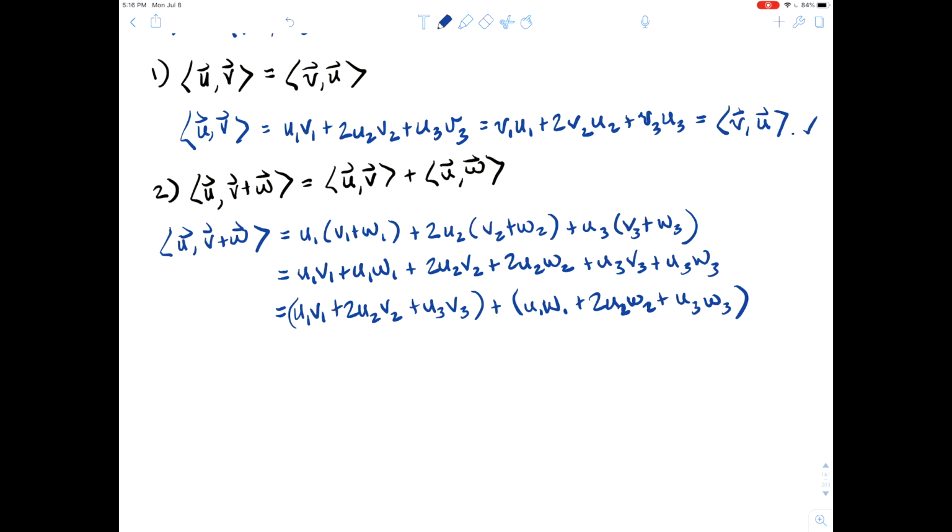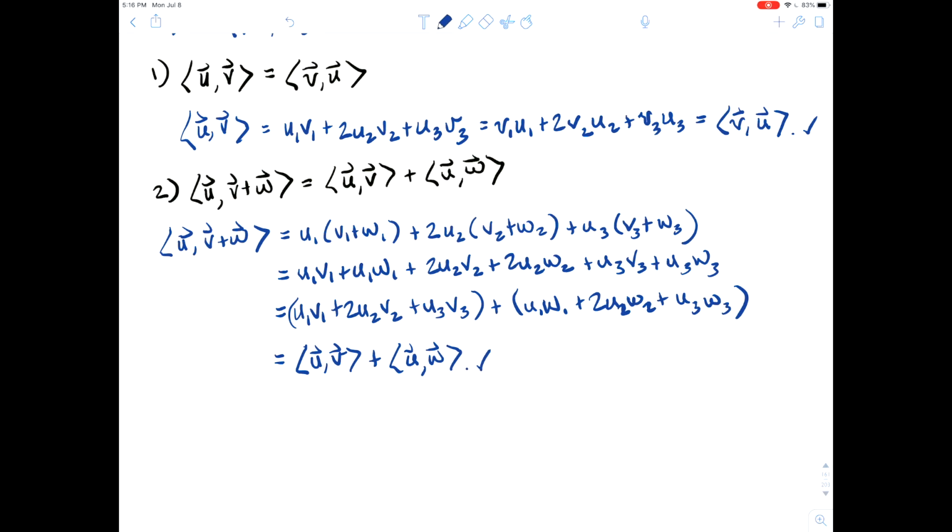Groovy? But what is that? That's the inner product of u and v plus the inner product of u and w. Cool, so that one's done.